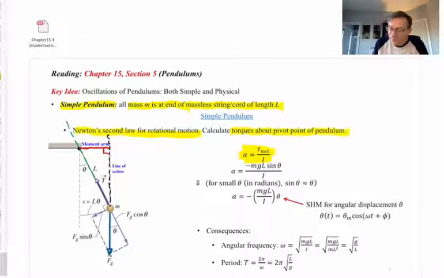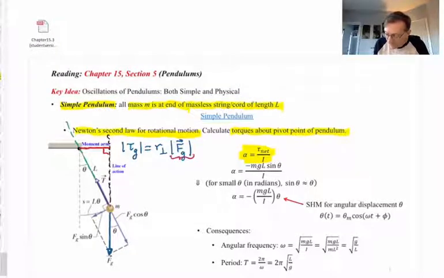So the magnitude of this torque, the magnitude of the gravitational torque, tau grav, is moment arm times magnitude of gravitational force. Now we know the formula for the magnitude of gravitational force. It's our old friend mg.